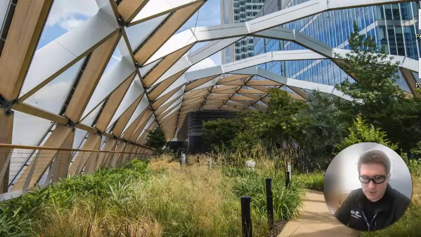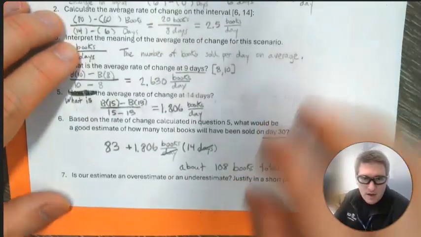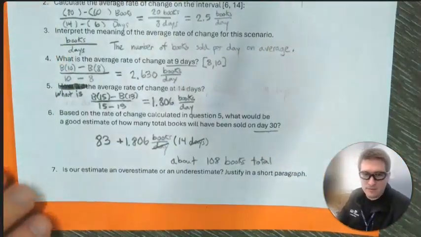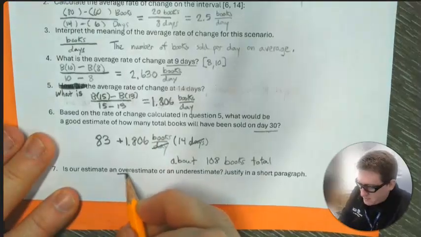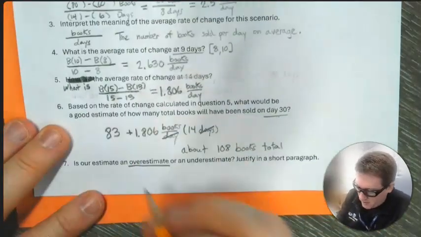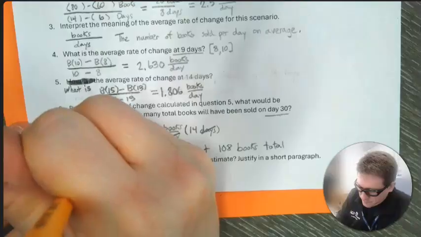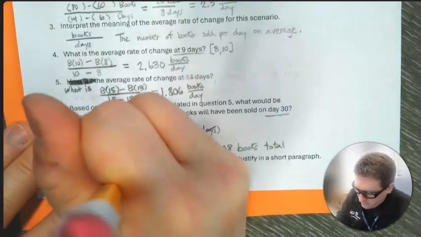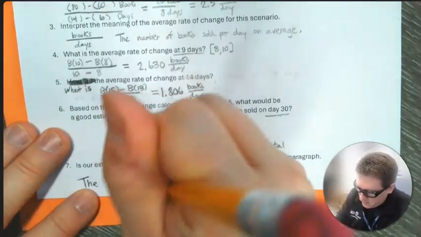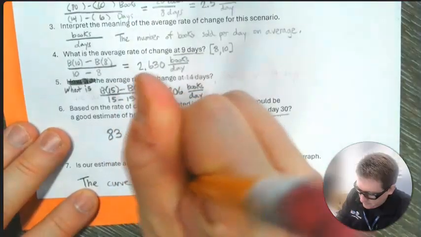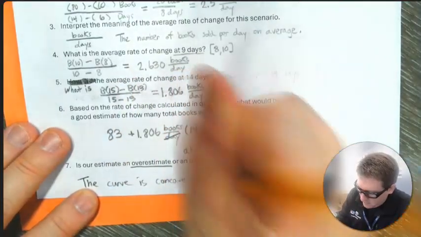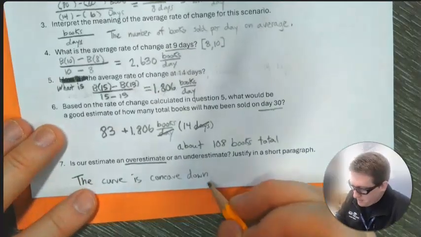So that kind of answers our next question right here. It says, is our estimate an overestimate or an underestimate? So the answer is it's an overestimate. And here's why. The curve is concave down. Right? That's the problem.